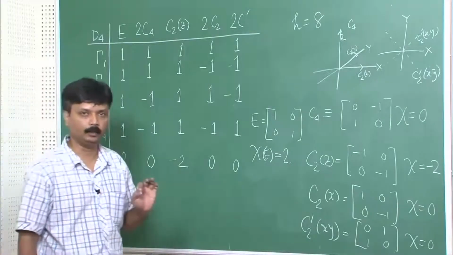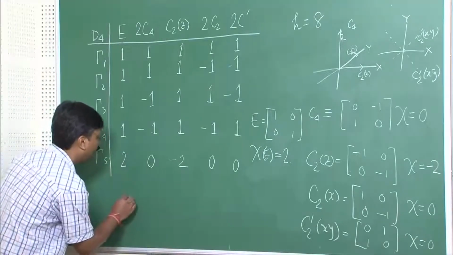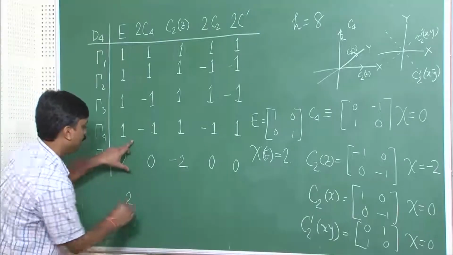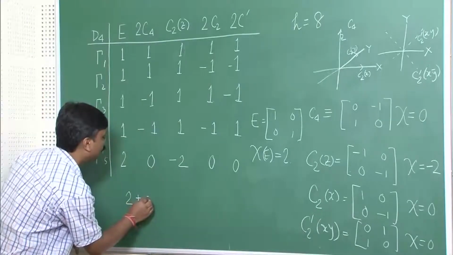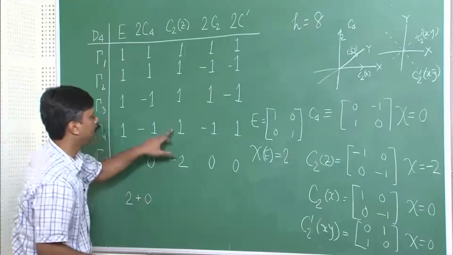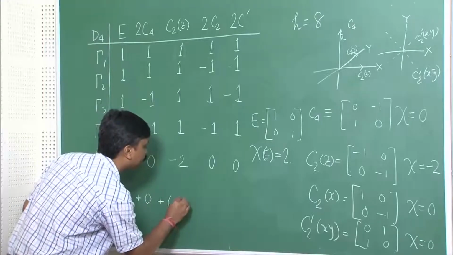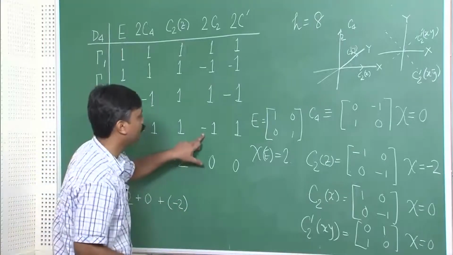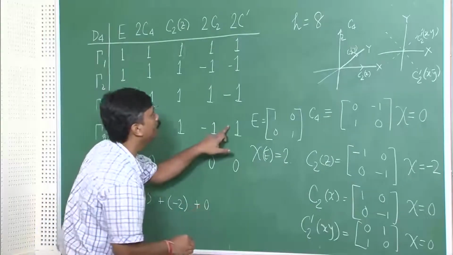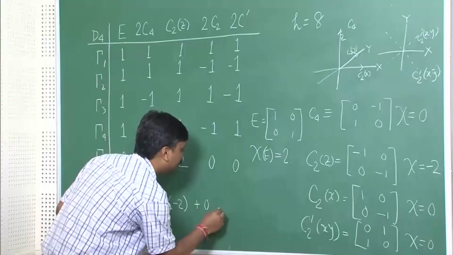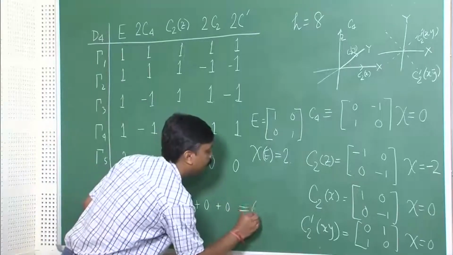If I do that, then we have 2 into 1 equals 2, plus 0 into -1 equals 0, then 1 into -2 equals -2, and then 2 into -1 into 0 equals 0, and again 2 into 1 into 0 equals 0. So ultimately we have 0.